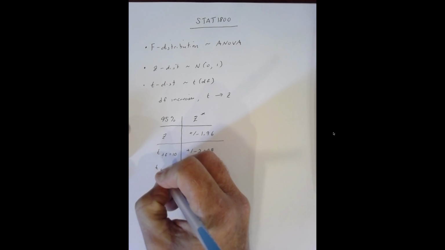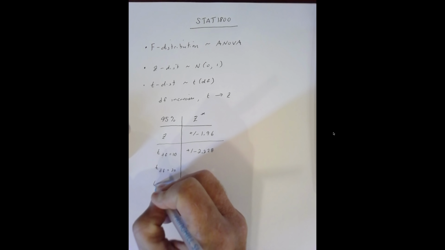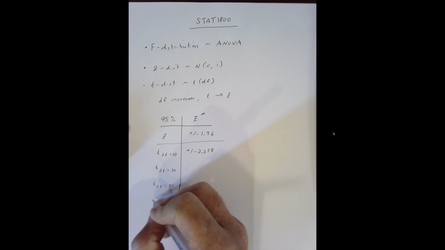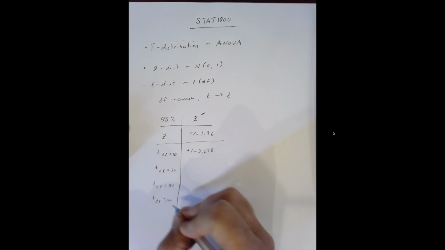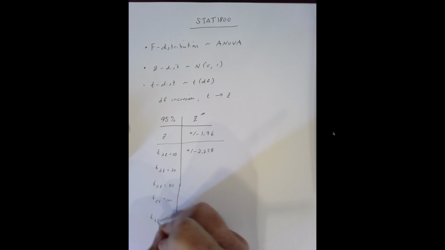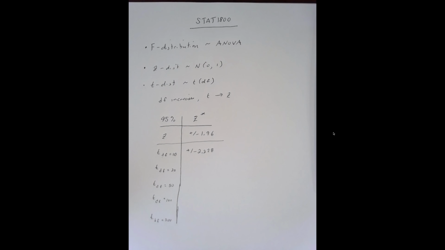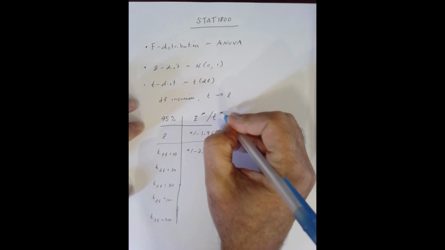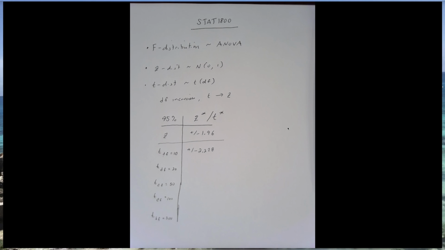So let's go to 20, and let's go degrees of freedom equal 50, and then let's go T degrees of freedom equal 100, and then T degrees of freedom equal 300, and make a note of, well, this would be Z critical, and this would be T critical if we're dealing with the T distribution.